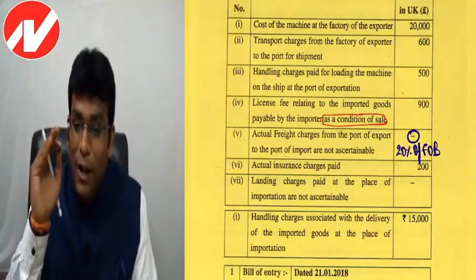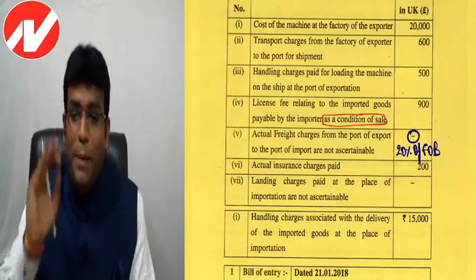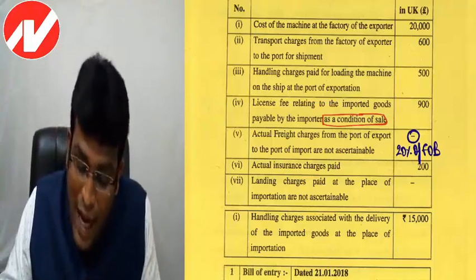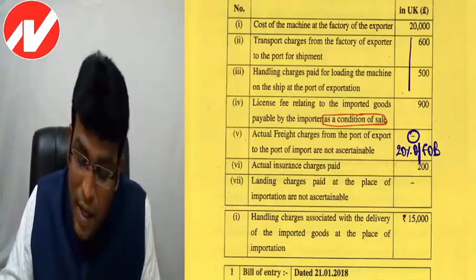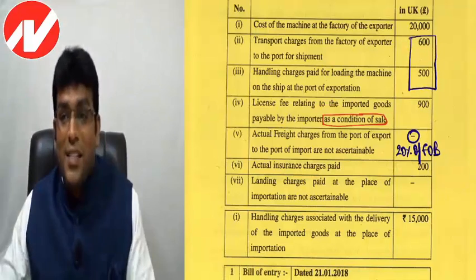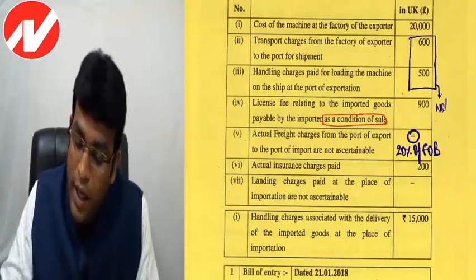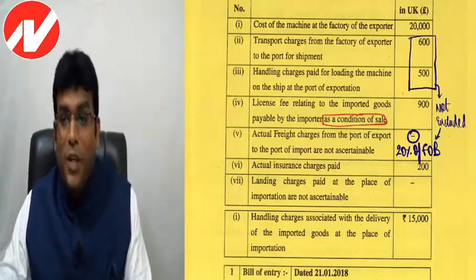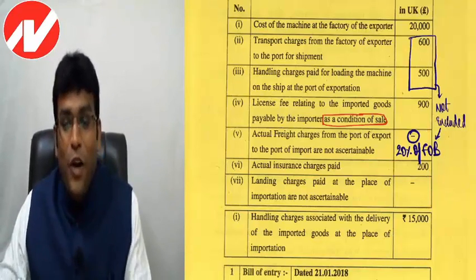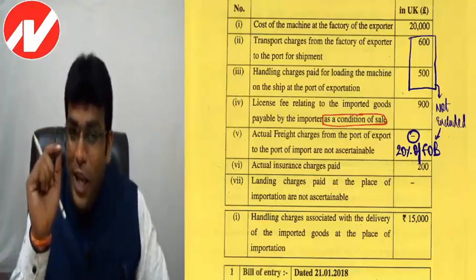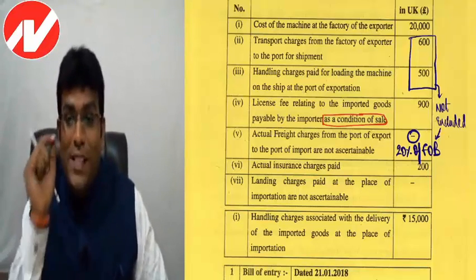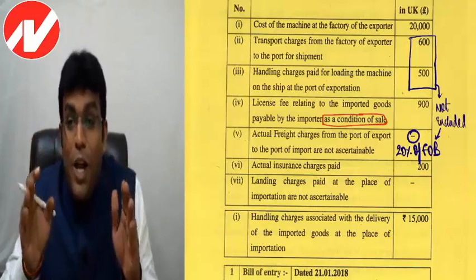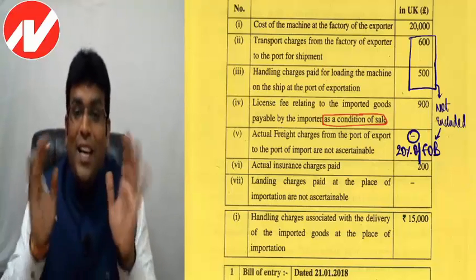And friends, let me very clearly tell you, when we take 20% of FOB, then we don't again add this transport charges, handling charges. These two are not included in case where we take 20% of FOB. Clear friends? For the reason being very clear that 20% of FOB is basically covering cost of transport, loading, unloading, as well as handling charges.